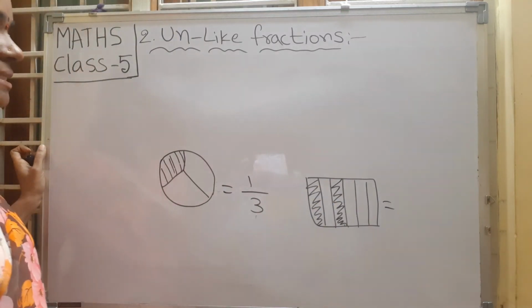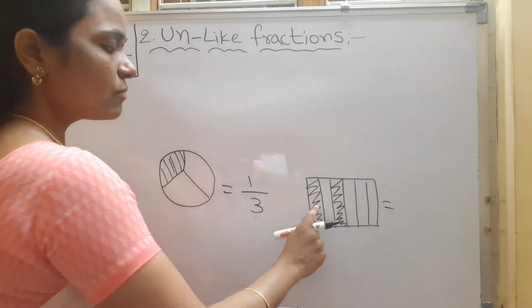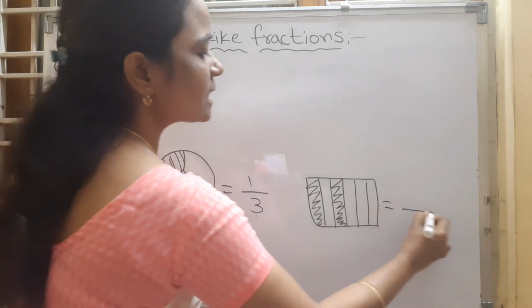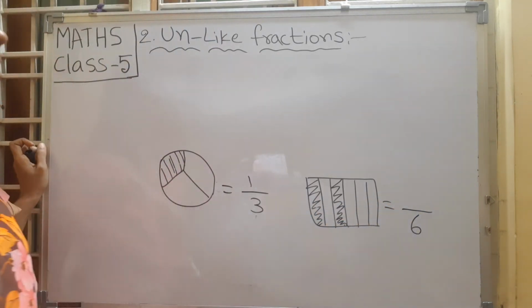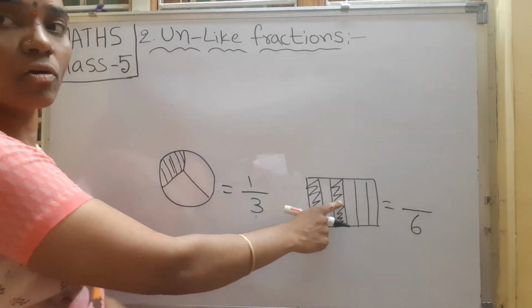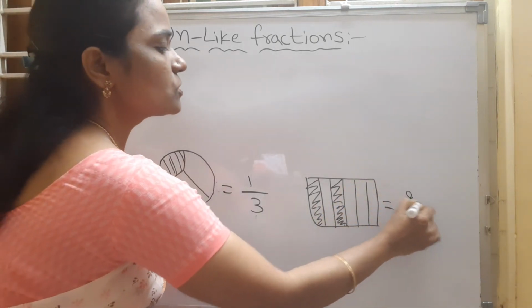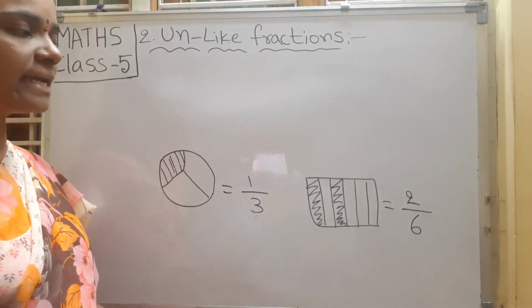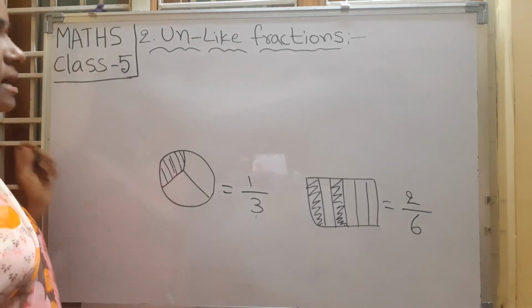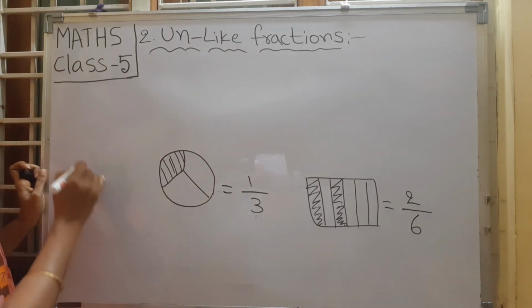So, what is the fraction for the given shape? 1, 2, 3, 4, 5, 6. Total there are 6 equal parts. Out of 6, how many are colored? Only 2. So, the fraction for the given shape is 2 by 6.